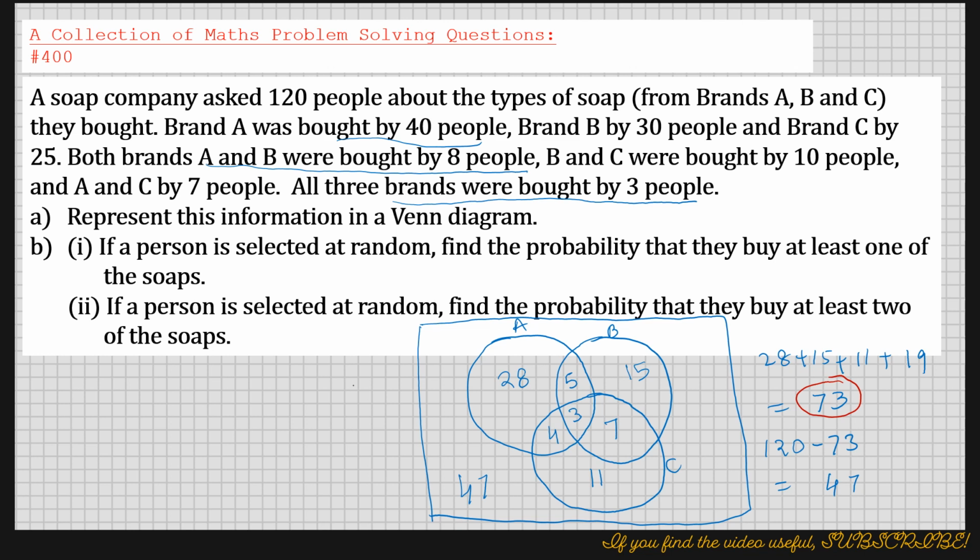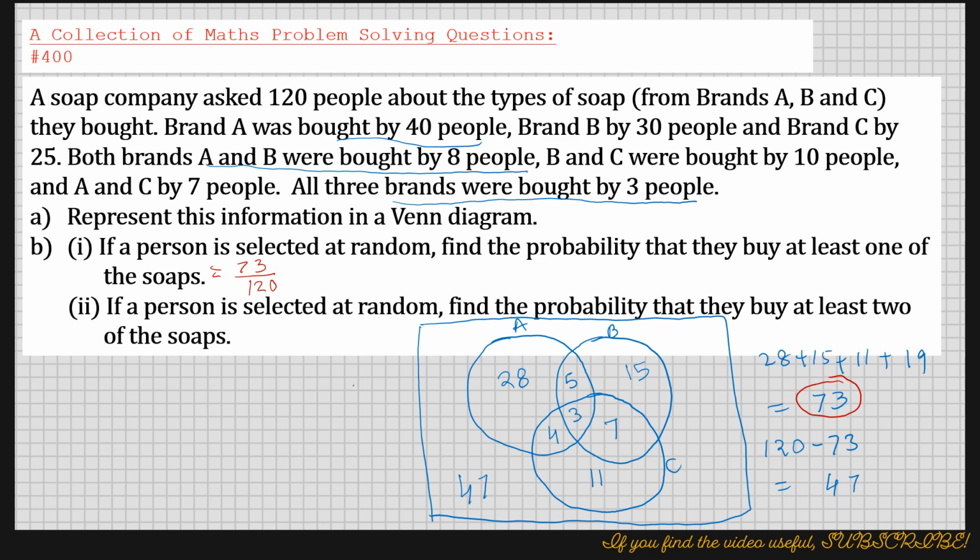So that number is 73. Therefore the probability equals 73 out of the total number of people, 120. So that would be 73 out of 120.